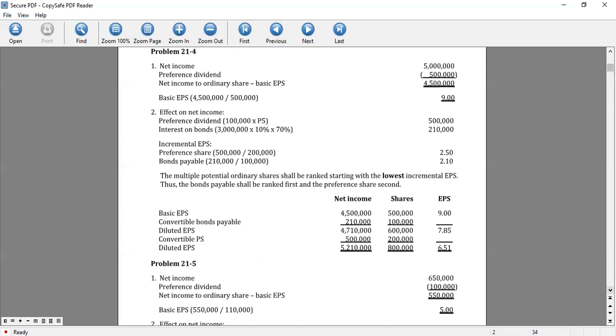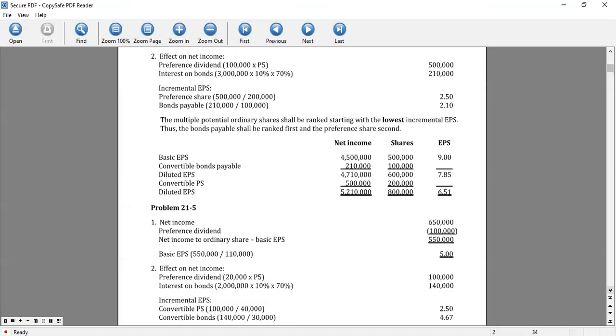So for the convertible bonds payable, we have the diluted earnings per share for 5,210,000 of net income, and the number of shares of 800,000. Now for this convertible bonds and the preference share, we really have to emphasize the computation of basic earnings per share.